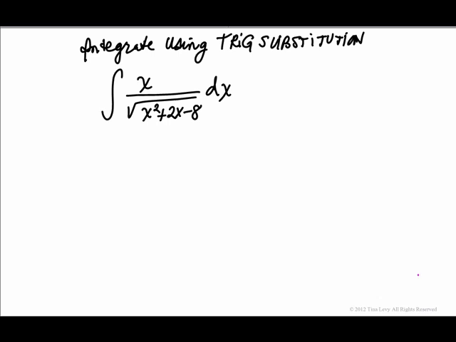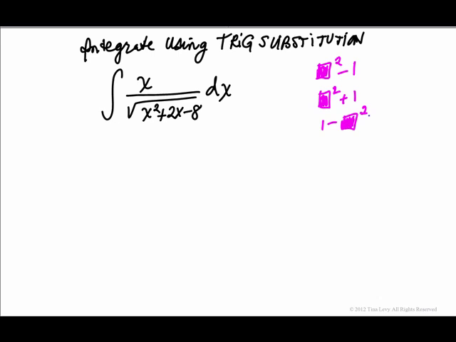So we're going to rewrite x squared plus 2x minus 8 so it fits into either box squared minus 1 eventually, or box squared plus 1, or 1 minus box squared. Either of those forms eventually, those are what we use for trig substitution.